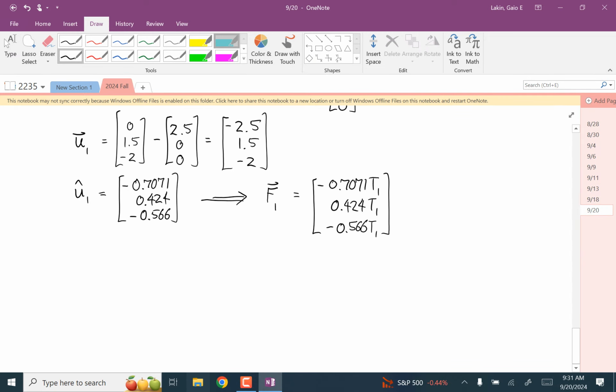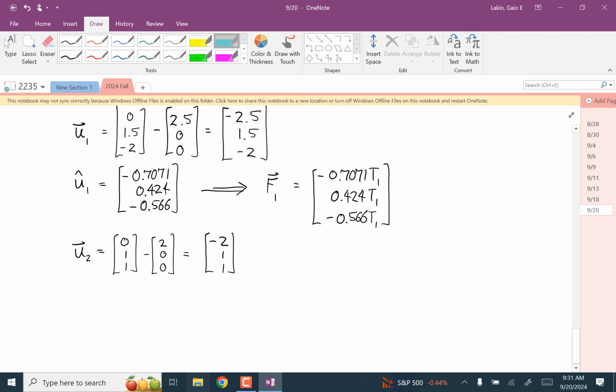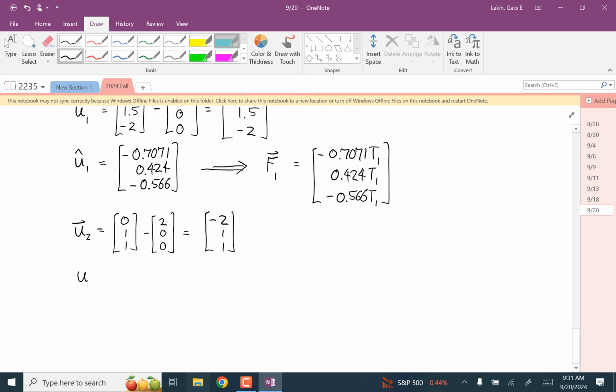And so our vector u2 is going to be 0, 1, 1, minus 2, 0, 0. So that's negative 2, 1, 1. Plug that into unit v to get the unit vector in that direction.